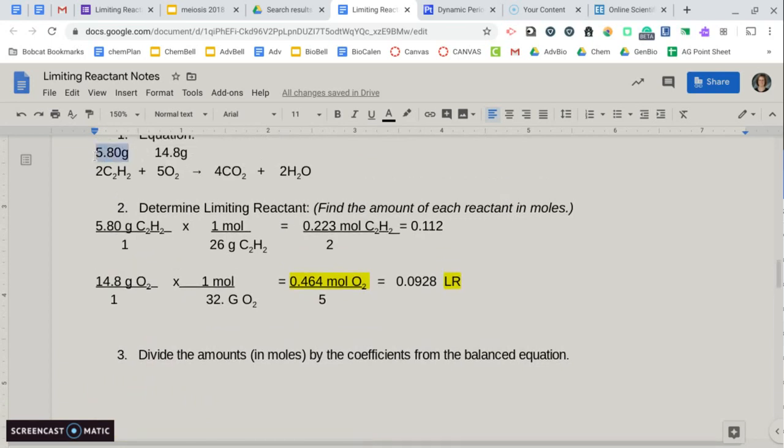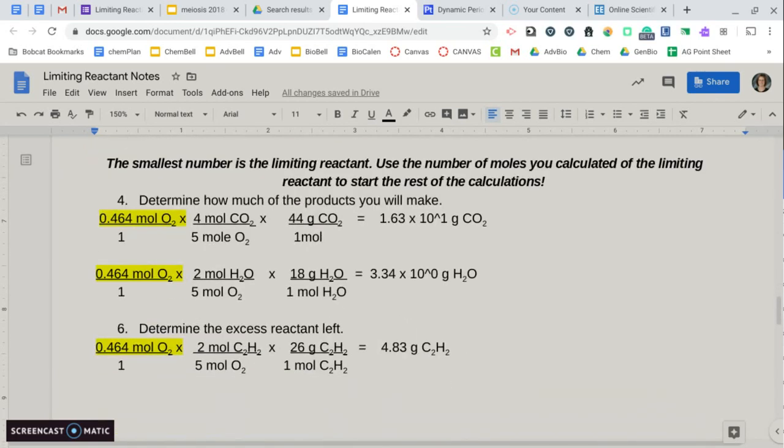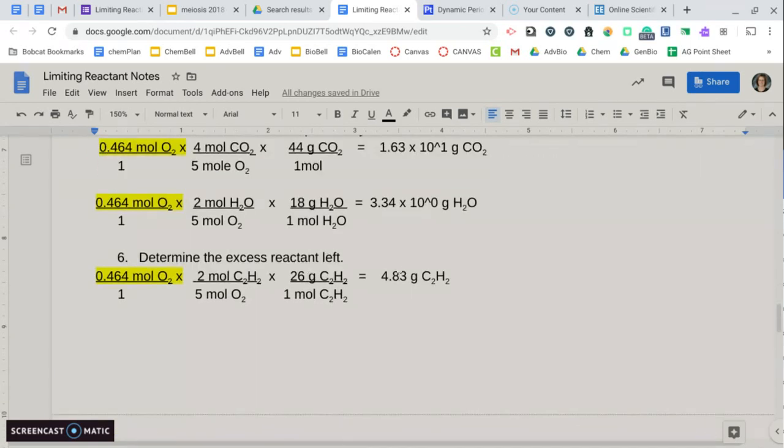Yeah, I started with this much. All right, so if you subtract those two, you get 0.97 grams C2H2. That's how much you have extra or left over.